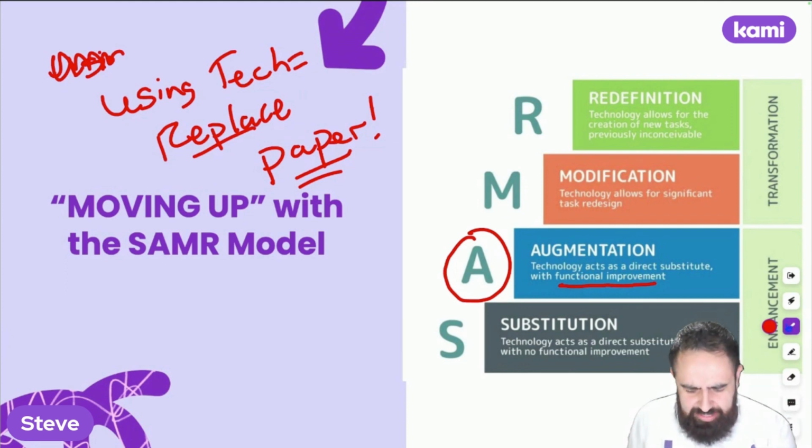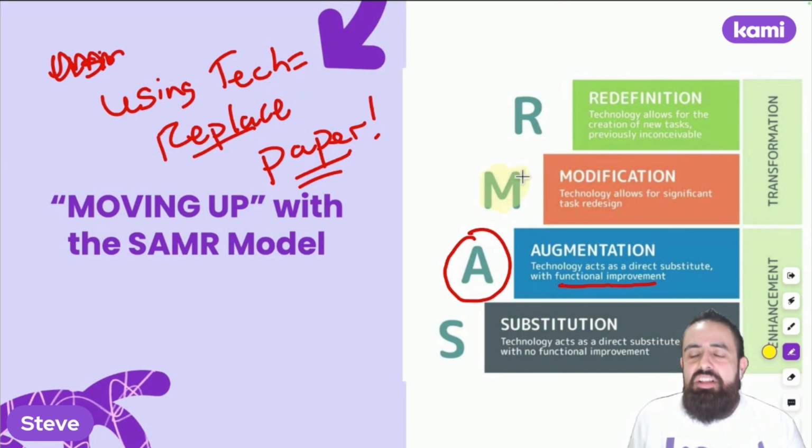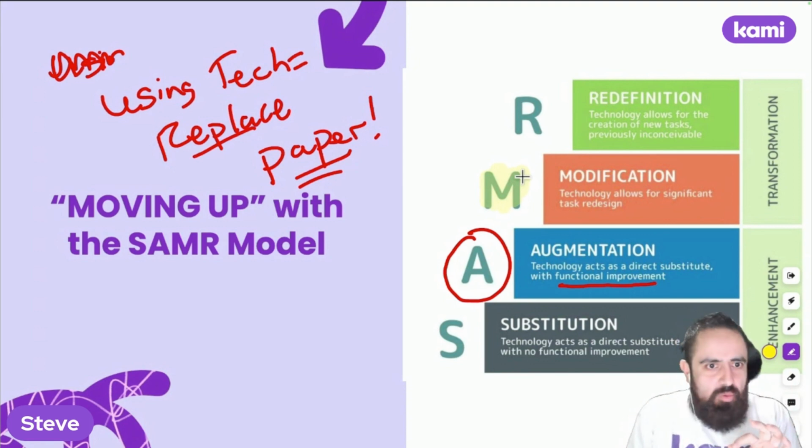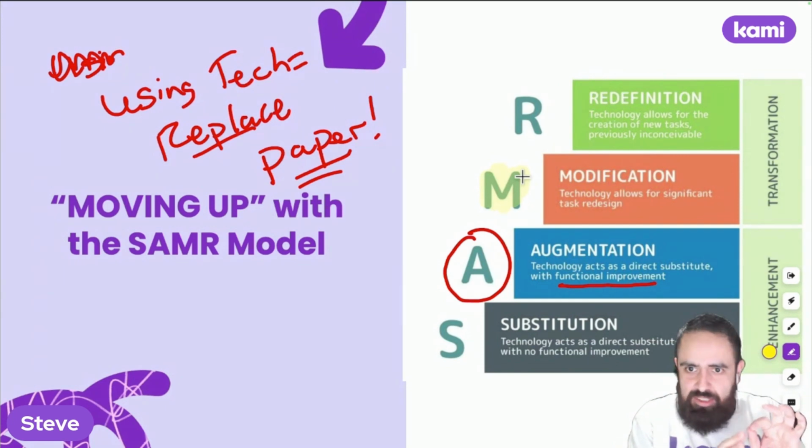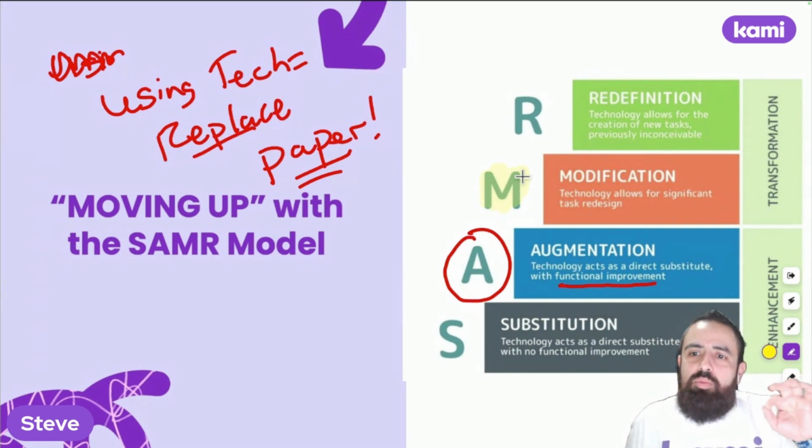And then the next one is the M. This one is where we look at modification. Whether it's part of a lesson, a project, whatever it is, this is where technology is used for significant task redesign.